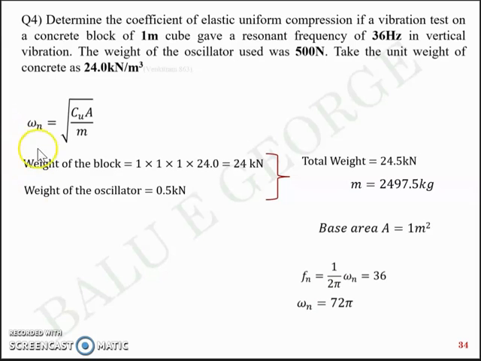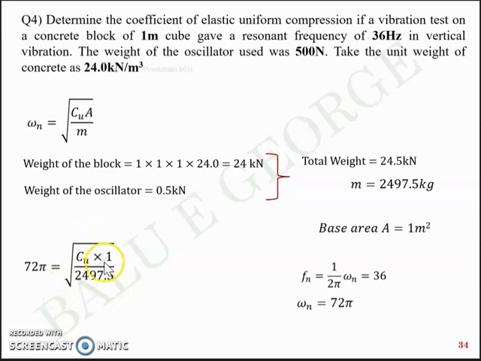So in short, I can write this equation as 72 pi, which is omega n, is equal to the root of unknown Cu into A, which is 1 meter square, divided by mass in kilograms.